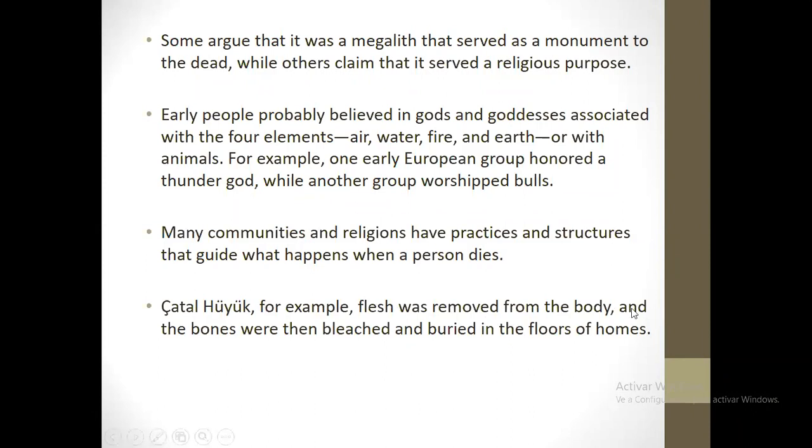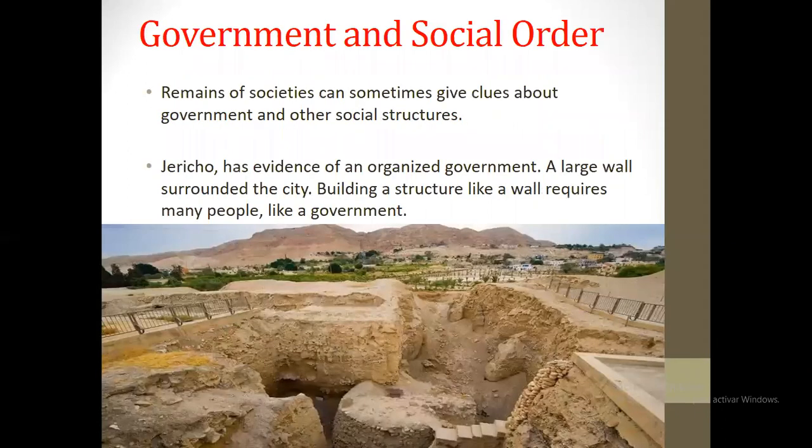The flesh was removed from the body, and the bones were bleached. Y los huesos eran secados y se les enterraban. Imagínense. ¿Y a dónde los enterraban? En la misma casa, dicen, en los pisos de sus casas. ¿Para qué? Para que permanezcan con ellos mismos. Así que imagínense, eso era en aquel entonces, chicos.